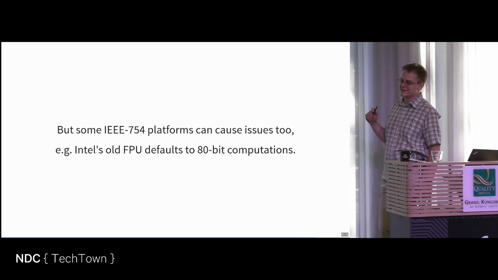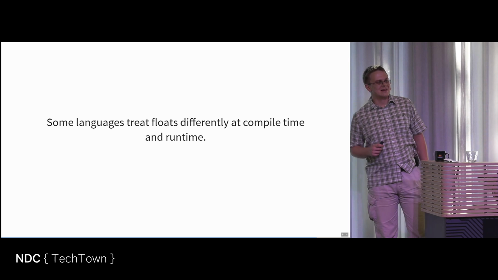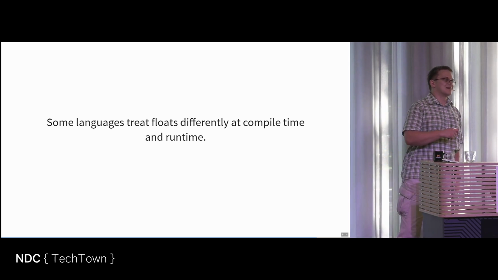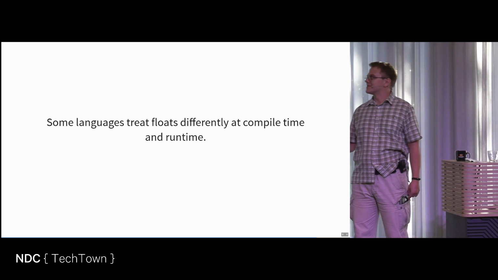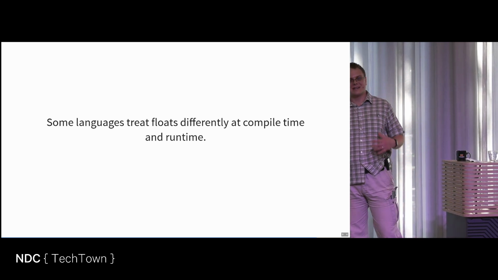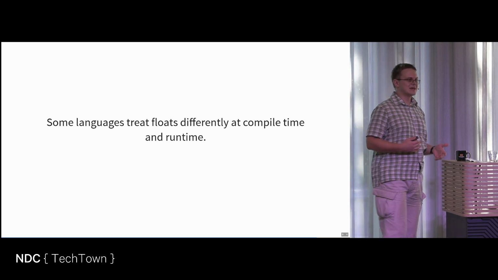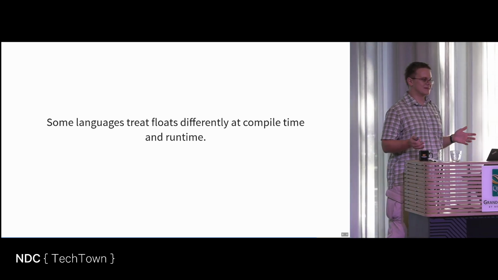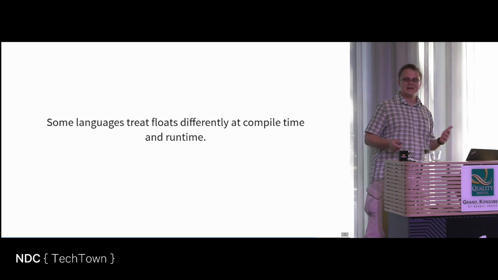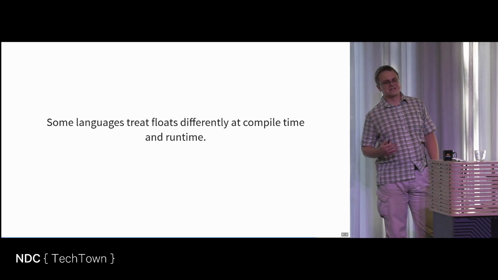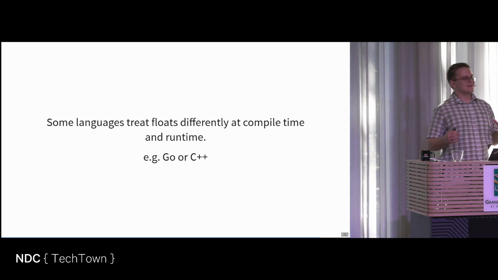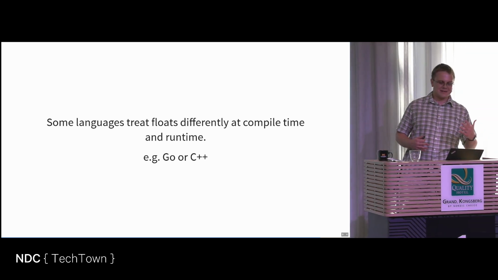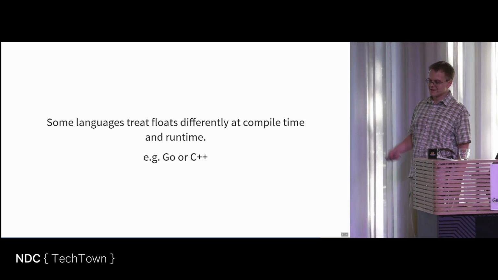Now, languages. A lot of languages, for example C++ and C, don't give you guarantees about the floats. They can be IEEE, they can be whatever they feel like. But even if you have a language that says, yeah, this is always IEEE, like Go, then you can find that compile time and runtime behave differently.